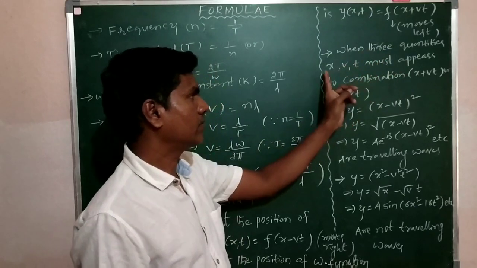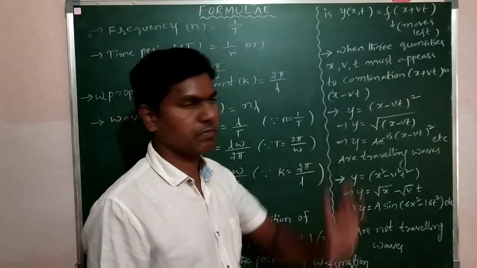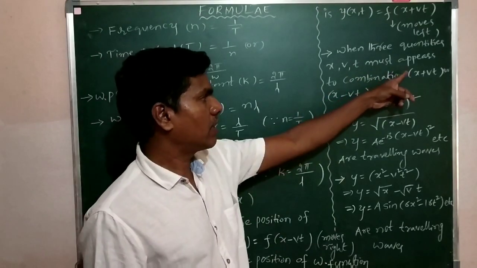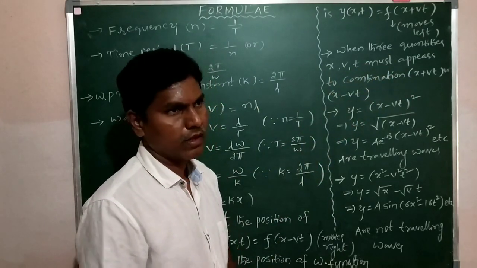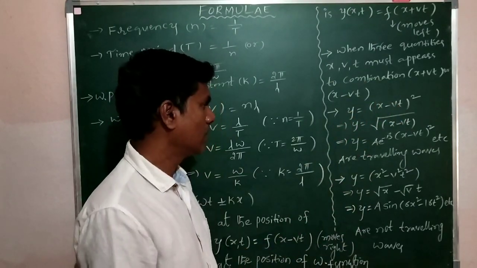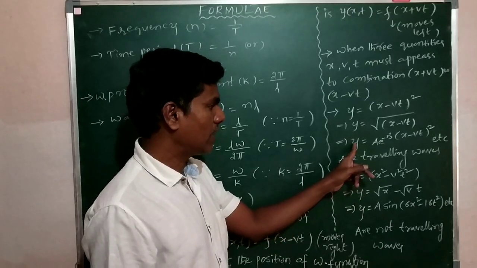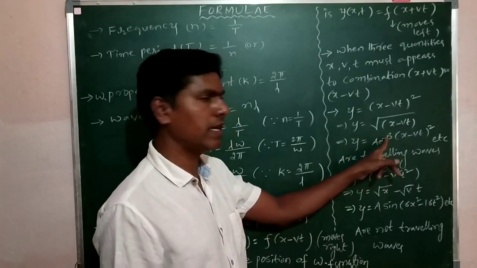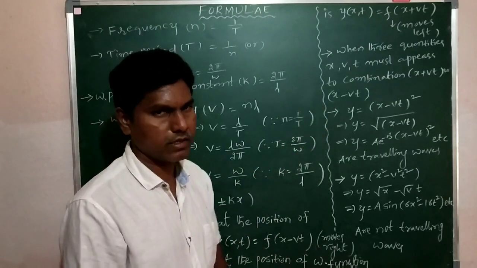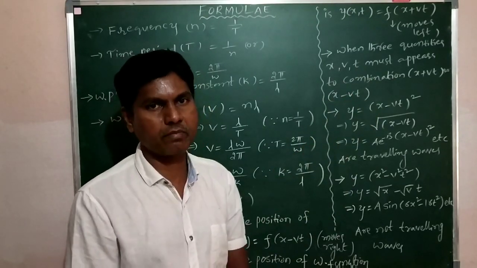When the three quantities x, v, t appear in the combination x plus vt or x minus vt, the wave equations take forms like y = (x − vt)², y = √(x − vt), y = a e^(−b(x − vt)²), etc. There are many such equations, all in the form x plus vt or x minus vt.